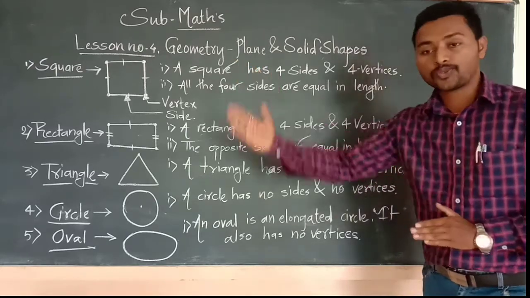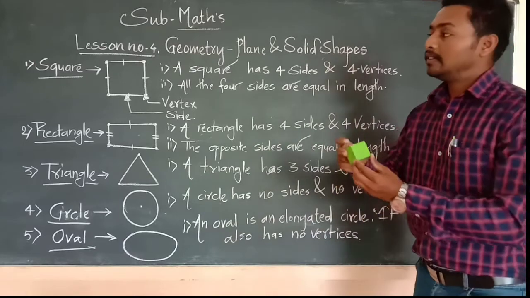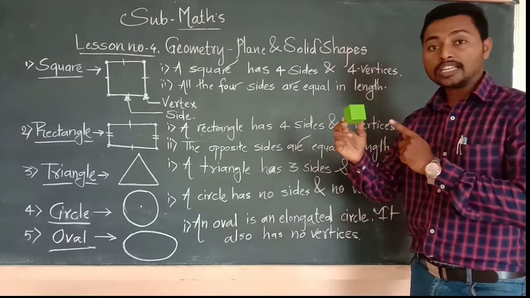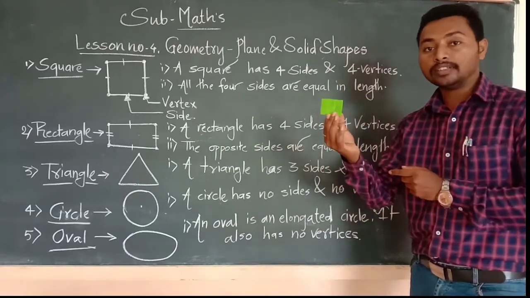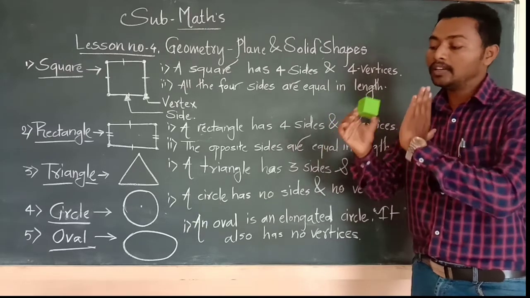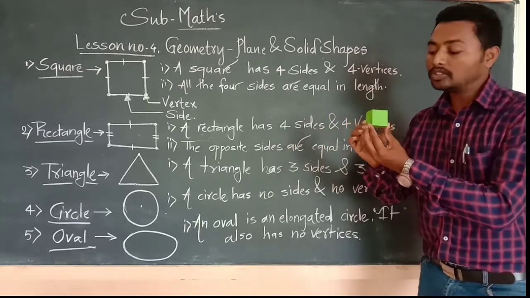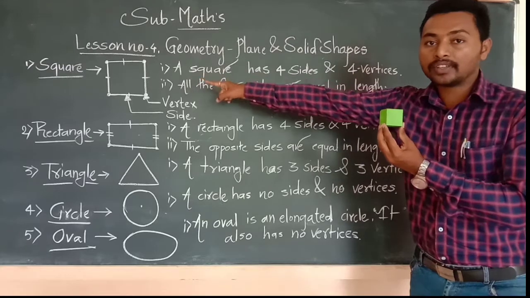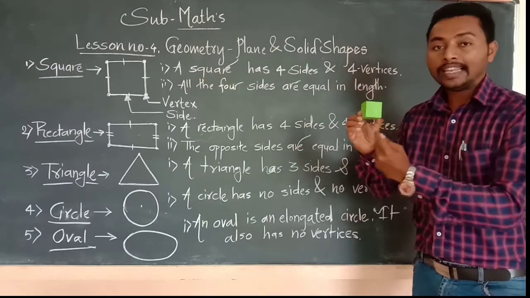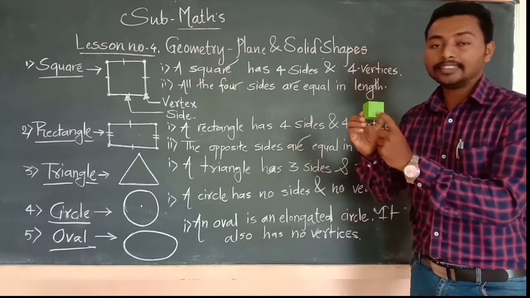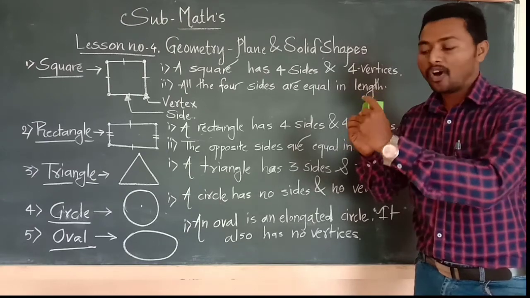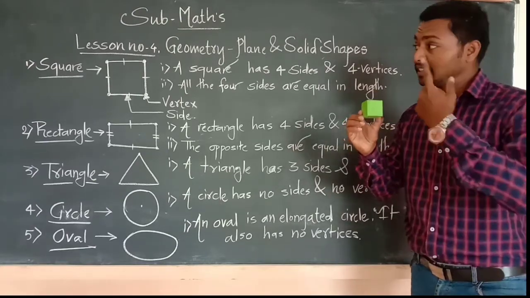First of all, square. This is not a square, this is a cube, 3-dimensional cube, but the front portion looks like a square. Square has all equal sides. This portion also shows that all sides are equal.